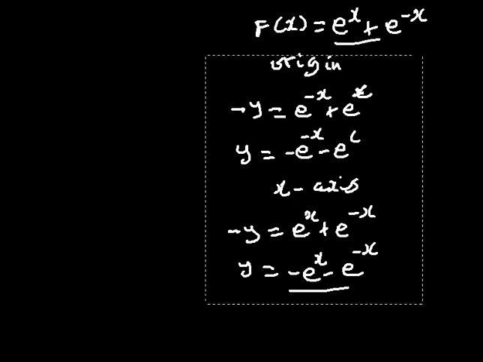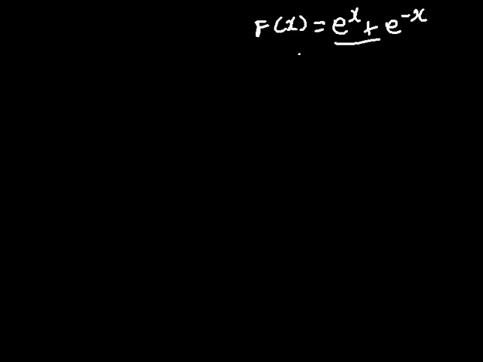And how about the y-axis? About the y-axis, the principle remains the same. We'll have positive y equal to e to the power negative x plus e to the power positive x.